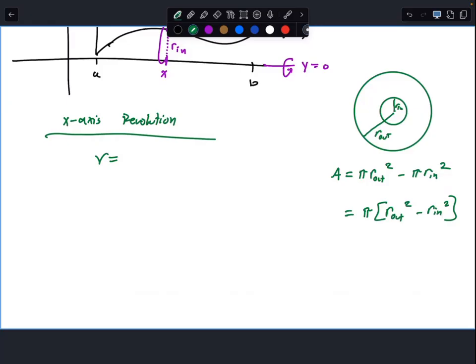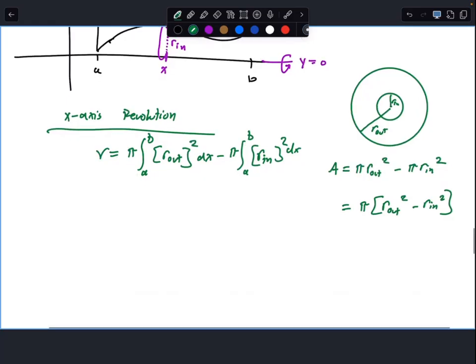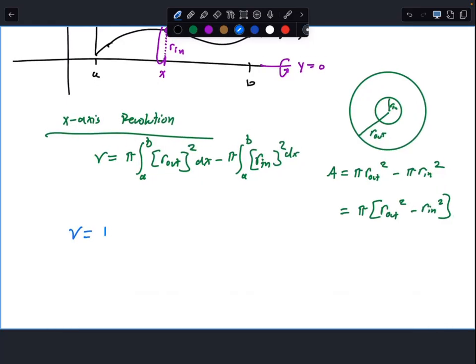But what you're really doing is pi times the integral from a to b of R outer squared dx minus pi times the integral from a to b of R inner squared dx. But like I said, we can just make this as one pi times the integral from a to b of R outer squared minus R inner squared dx.